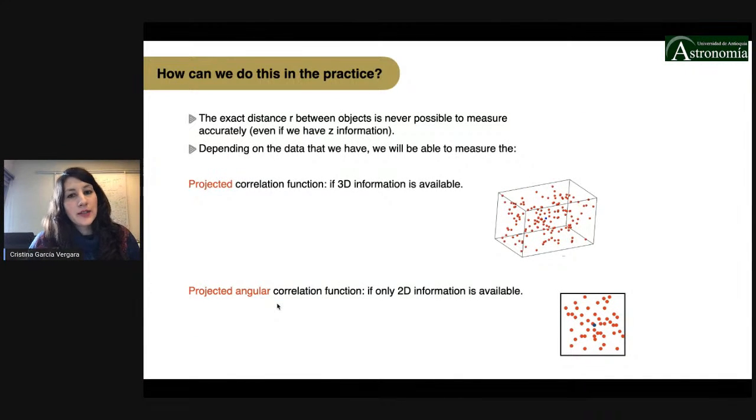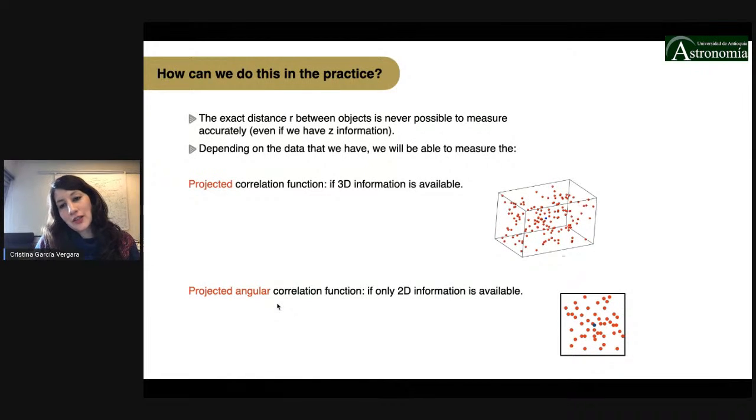So in practice, I will show here how you can measure this considering the data that you have. Because of course, ideally we will need the 3D information for the sources in your survey. That means the coordinates right ascension and declination, but also the redshift. But that is not always the case.